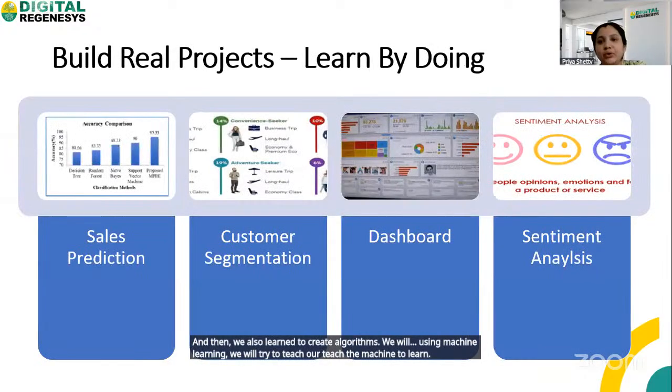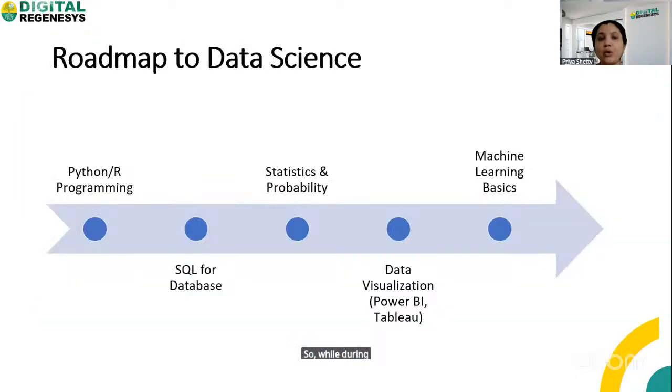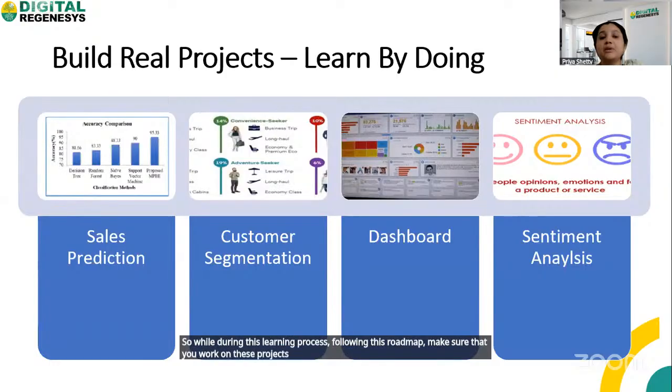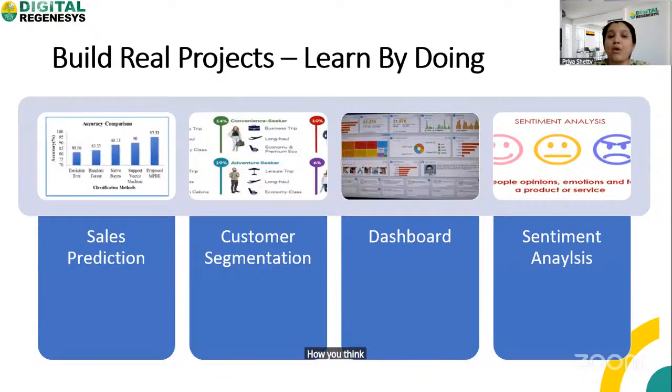While following this roadmap, make sure that you work on these projects: sales prediction, customer segmentation, dashboard, sentiment analysis. These projects are very helpful to make you understand how you think, how you solve problems, and how to apply these tools.